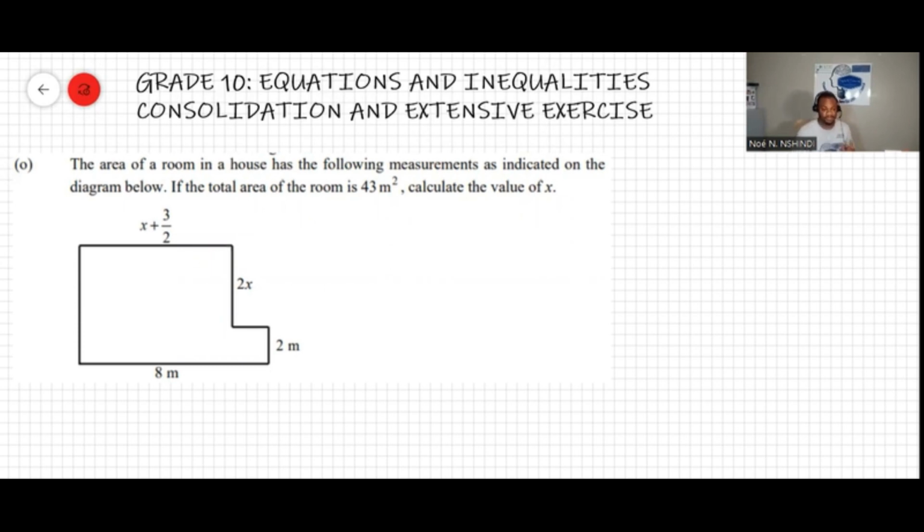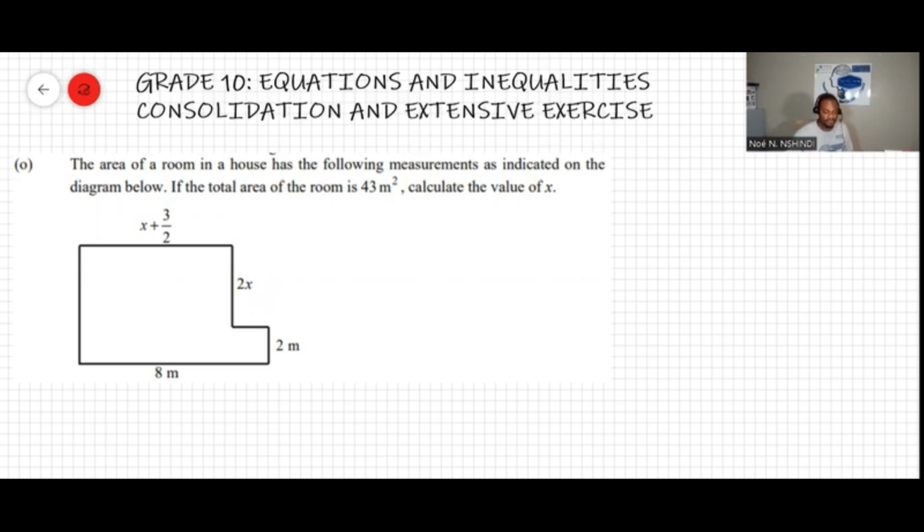This shape that you can see here is not a regular shape like a square, rectangle, or triangle. Those are types of irregular shapes, sometimes called composite shapes. In situations like this, we need to break the area into different regular shapes.